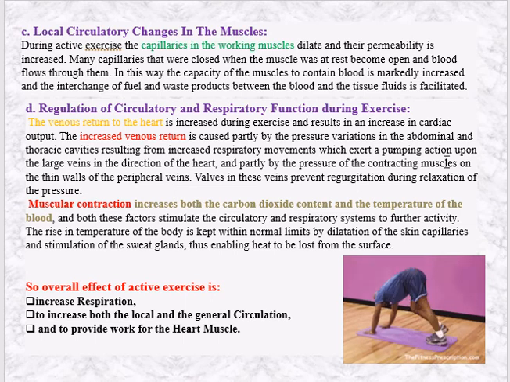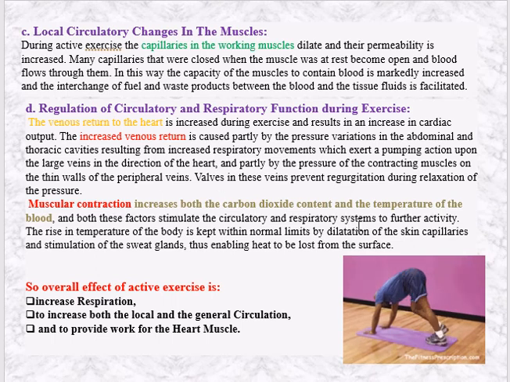Valves in these veins prevent regurgitation during relaxation of the pressure, so they enhance the venous return. So venous return is increased, and that results in an increase in cardiac output.